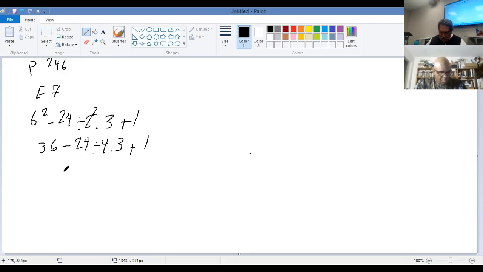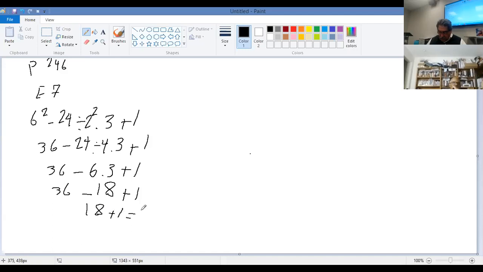So we get 36 minus 24 divided by 4. 24 divided by 4 is 6, times 3 plus 1. Again, 36 minus, from left to right, do the multiplication: 6 times 3 is 18, plus 1. So 36 minus 18 is 18, plus 1, 19.